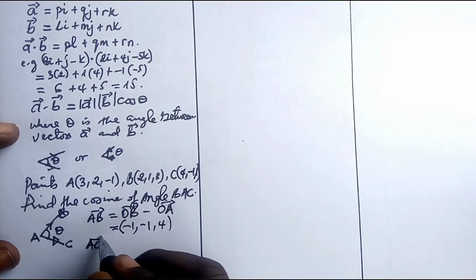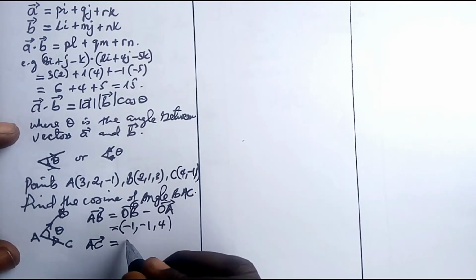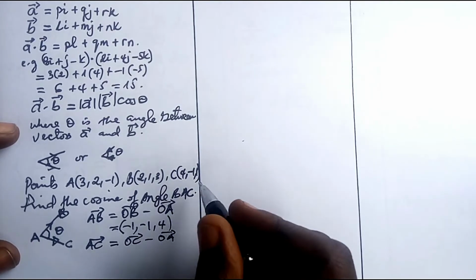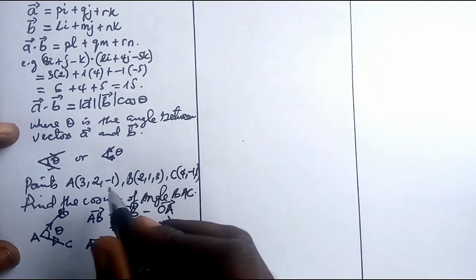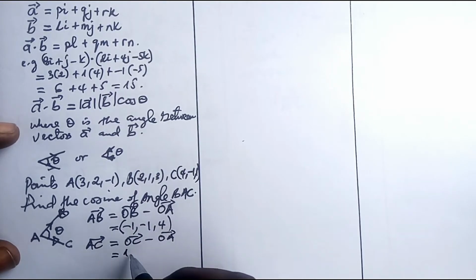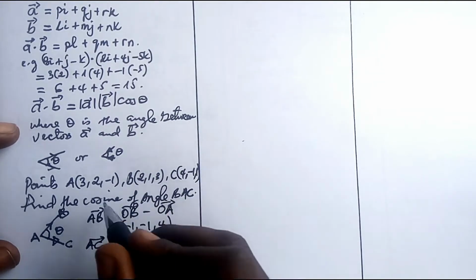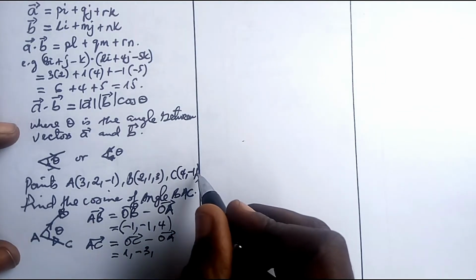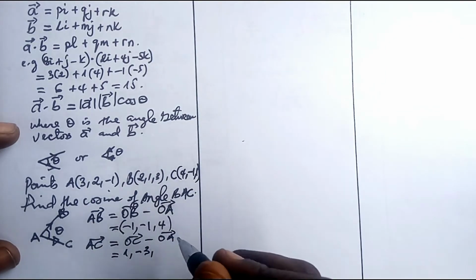Then AC is OC minus OA. By direct subtraction again, I get 4 minus 3, which is 1, negative 1 minus 2, which is negative 3, and 1 minus minus 1, which is 2.